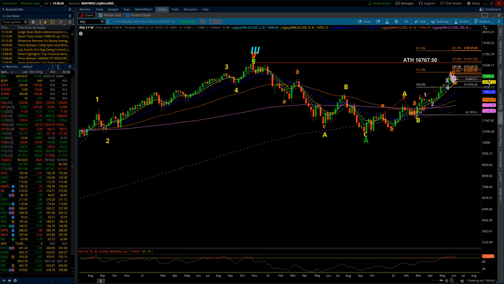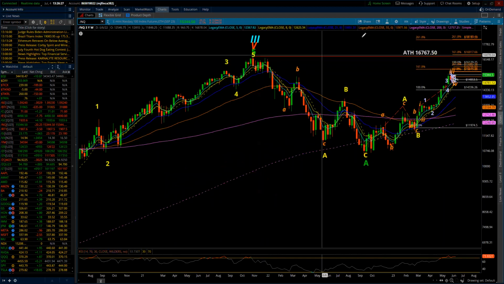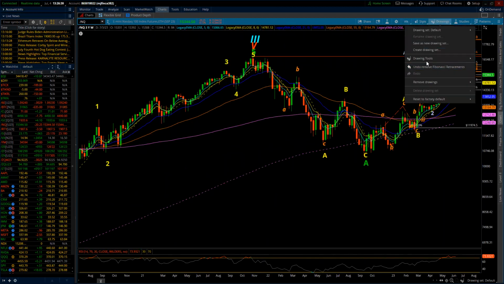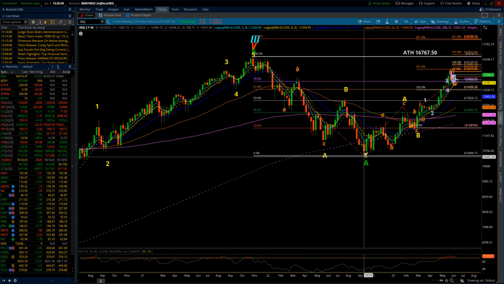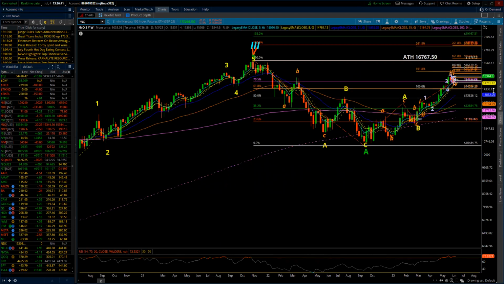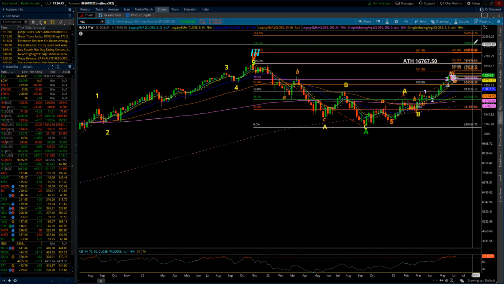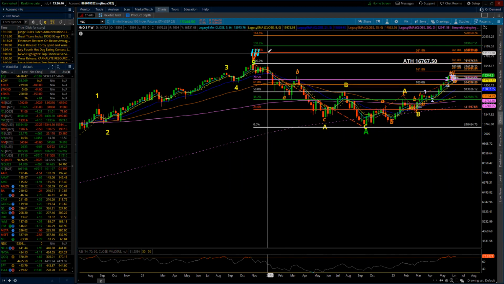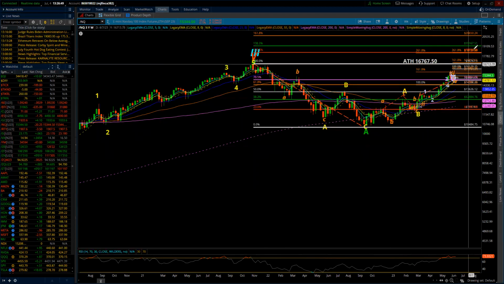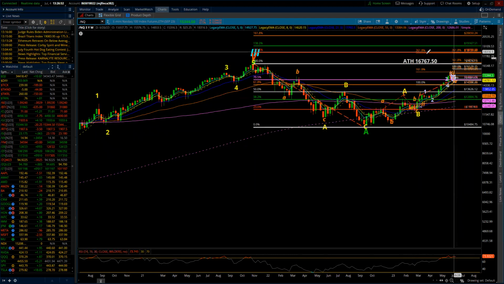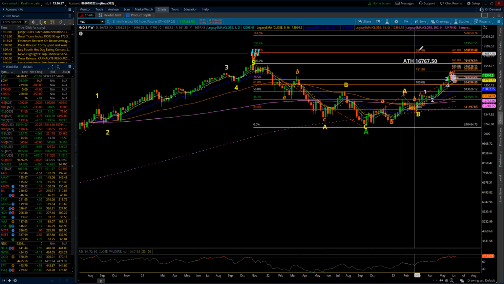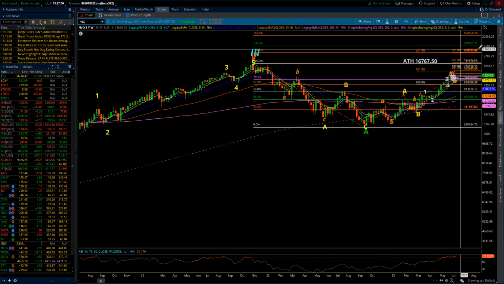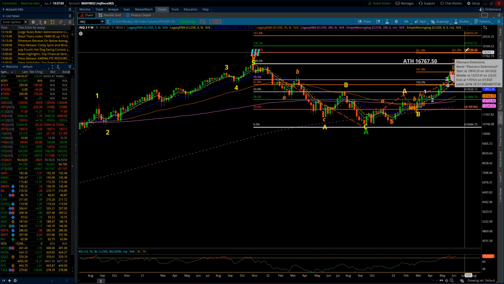Beyond that, I will put it back on, because what's included there are the extensions that fit for the irregular, and that would be up here. 0.382, 1.236 is in there, and you can see it now captures the intermediate C wave, which would be at 2.618 times intermediate wave A. That's at 18,000 plus.